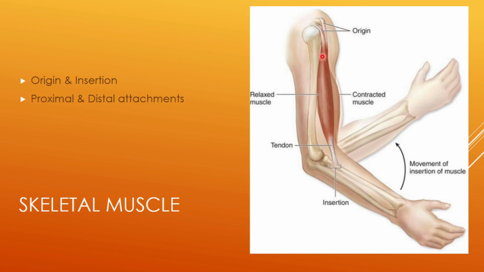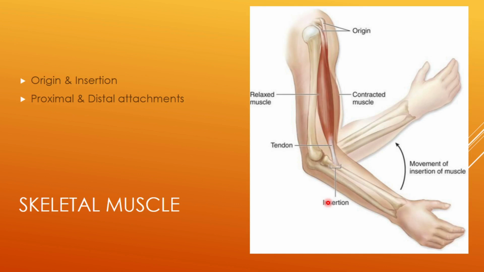Proximal will always be the attachment closest to the trunk, and distal will always be the attachment furthest away from the trunk. But you choose whichever you prefer. Okay?